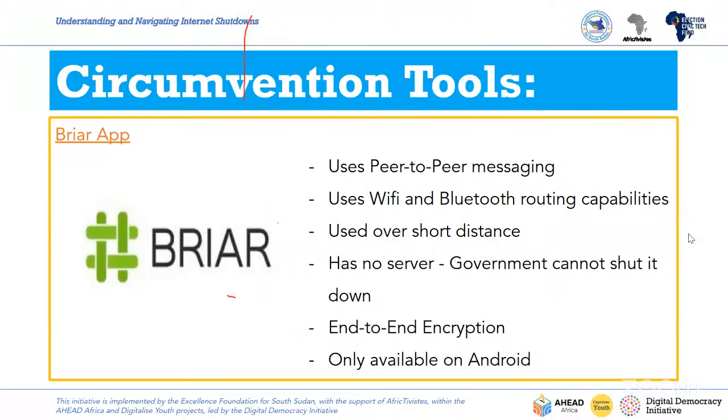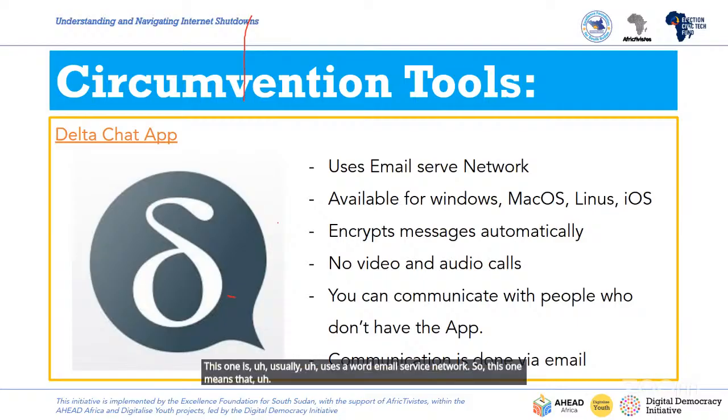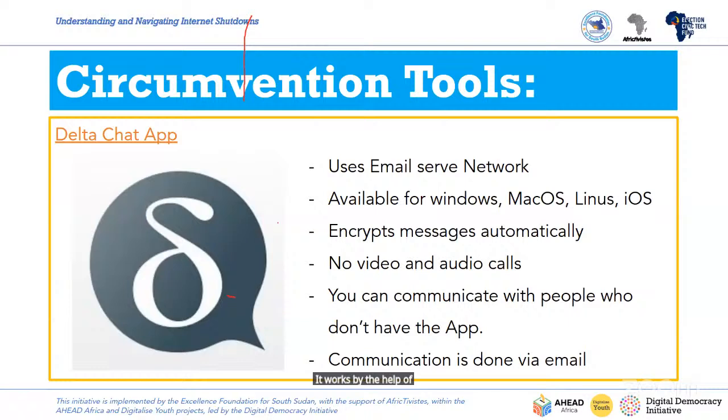And then another app that you can use is Delta Chat. This Delta Chat uses the email service network, so it works with the help of the email service network.